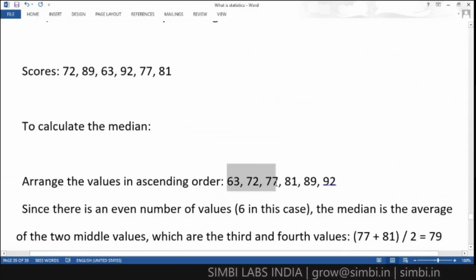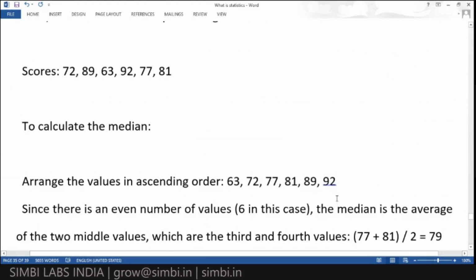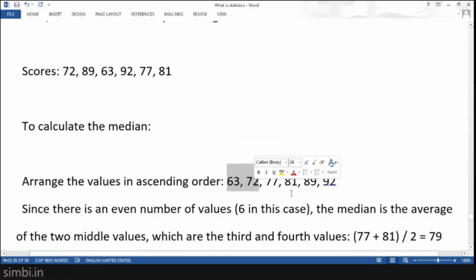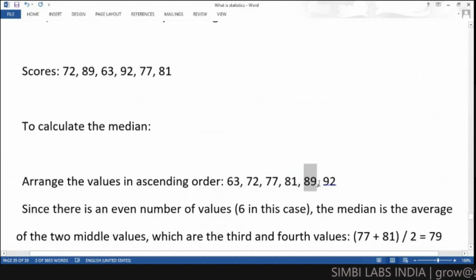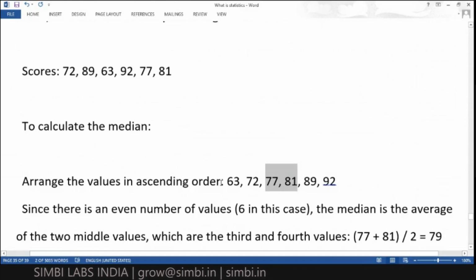In that, we can see the middle values. At the start 63, 72 and at the back 89 and 92, and the middle values are 77 and 81.